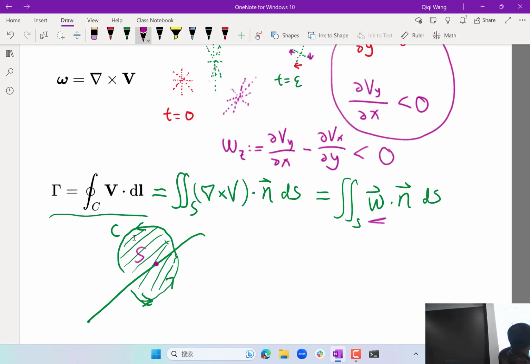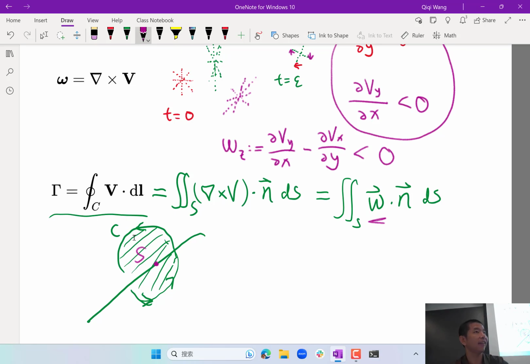It doesn't matter what surface you use to close this. Stokes' theorem tells us that no matter what kind of surface we use to close this contour, we should get the same circulation. Therefore, if the surface intersects with the vortex over here or at a different location, it's going to be the same circulation. This is saying that a vortex not only cannot end, it also cannot change its strength along the length of the vortex.